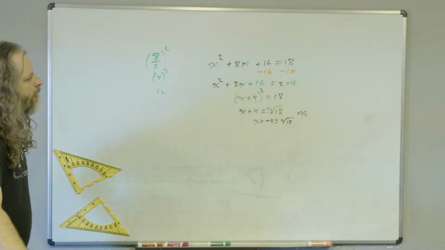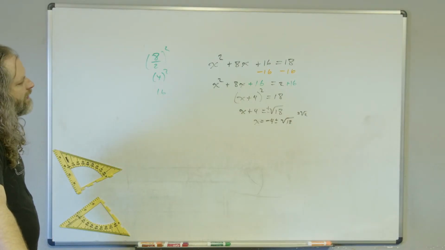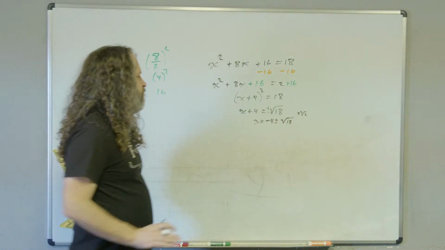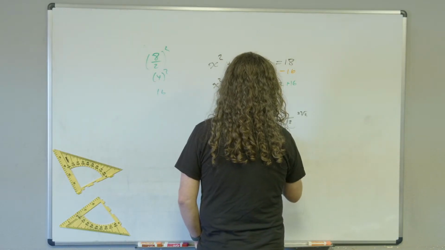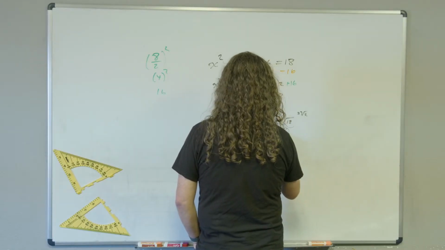Anyway, square root of 18 is what ugly decimal? 4.25. Or 4.24, because it rounds down. Okay.